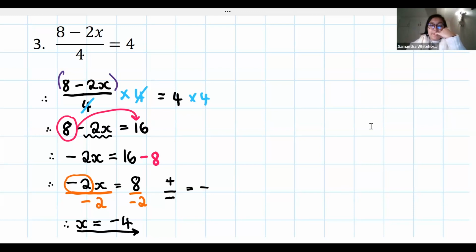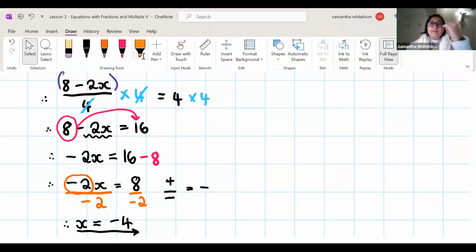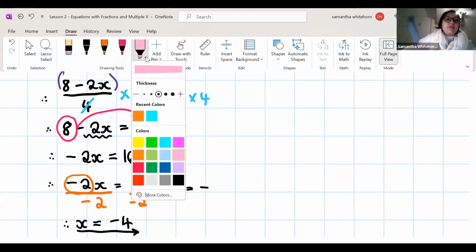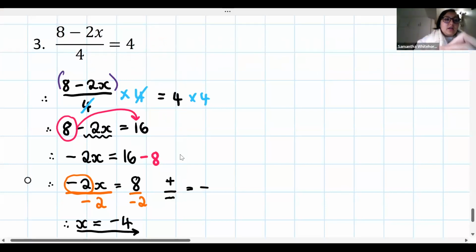Oh man, how did you like get the 8, man? So the 8, remember, let's just do this quickly, sorry. The 8 came from the original question. So there's 8. Here's 8 in my numerator.